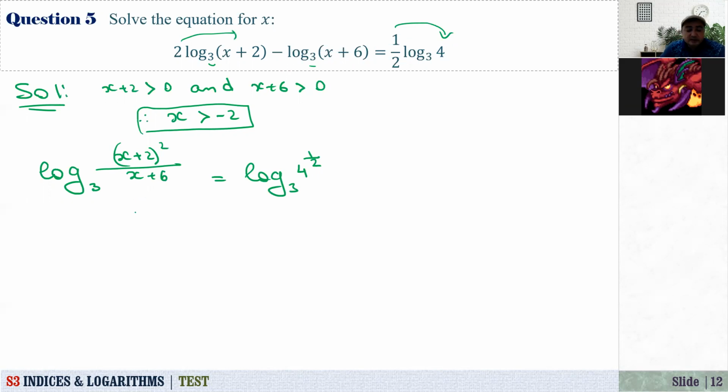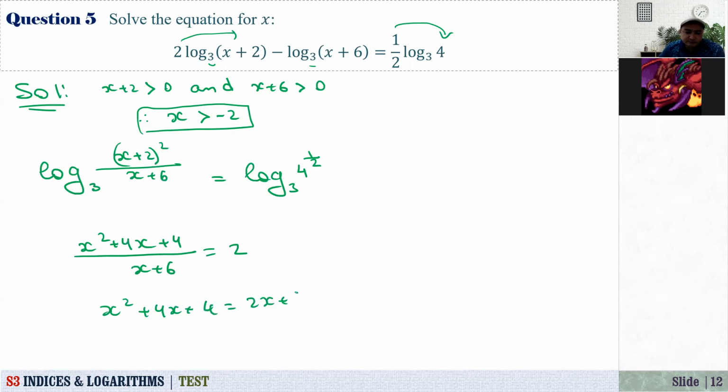So bases are the same. That's equivalent to x squared plus 4x plus 4 over x plus 6. On the right-hand side, 4 to the power of 1 over 2 is equal to 2. So we have x squared plus 4x plus 4 equals 2x plus 2 times 6, that's equal to 12.